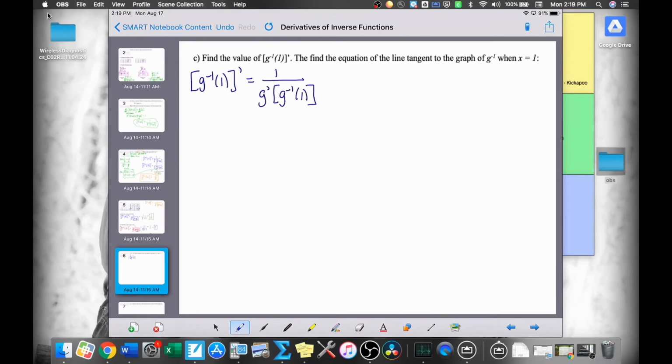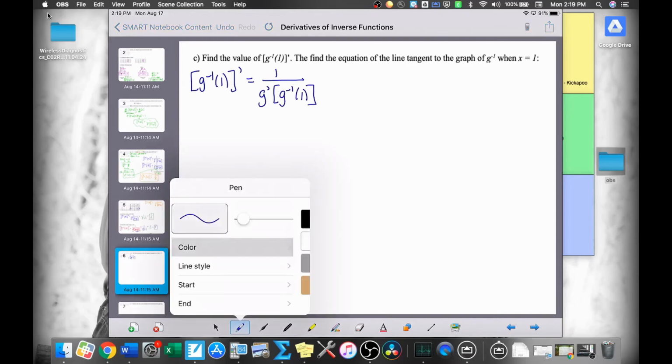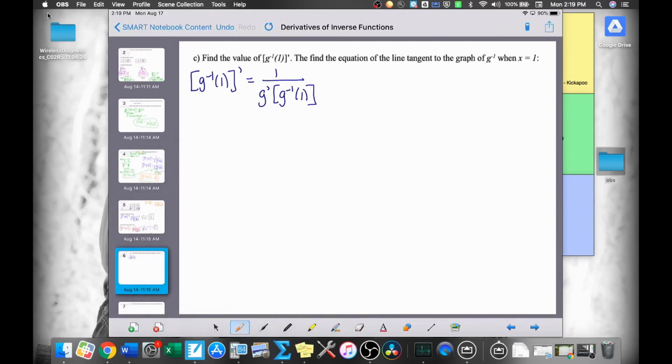And again, using my table, g inverse of 1 has a value of 3. So this becomes 1 over g prime of 3. And then when x is 3, g prime is negative 2. So right there, I know that the slope of my tangent line is going to be negative 1/2.